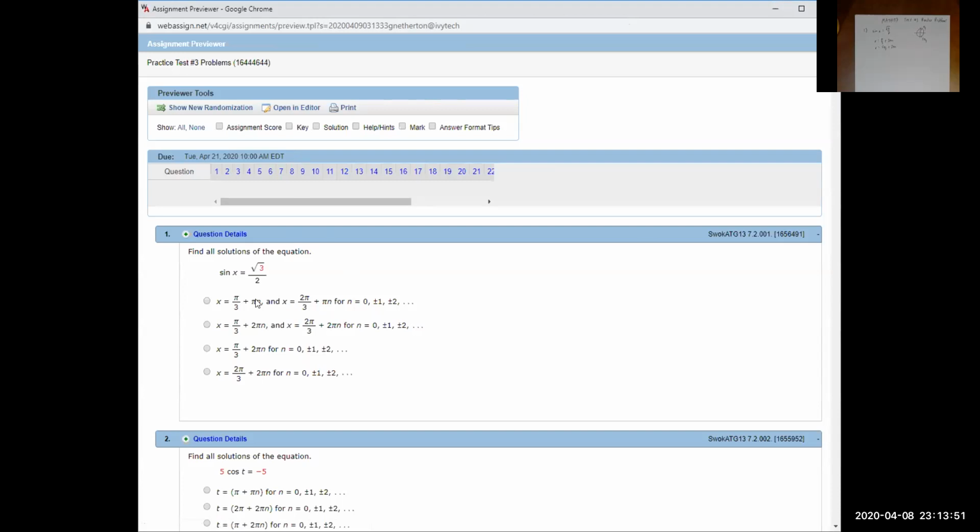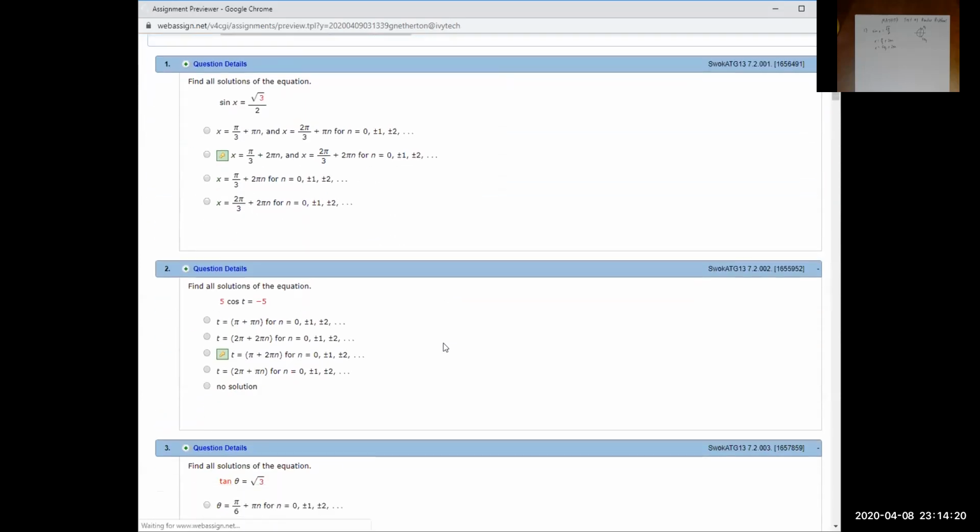But look, we're adding pi n and pi n. You need to actually add 2 pi n. So look at the second answer. This first one looks correct, but it's not because of the pi n. You need to choose this one because of the 2 pi n. And when we actually look at the answer, that is correct.